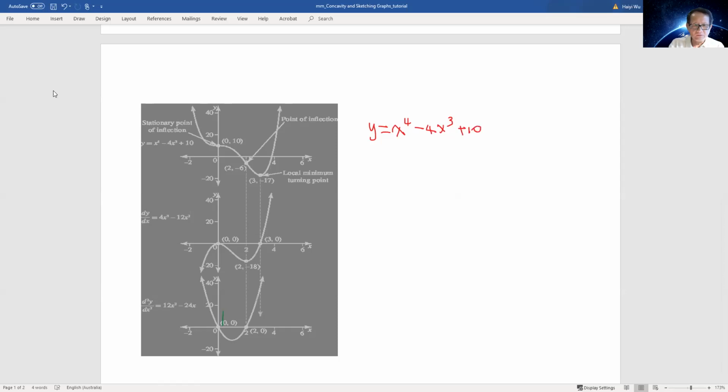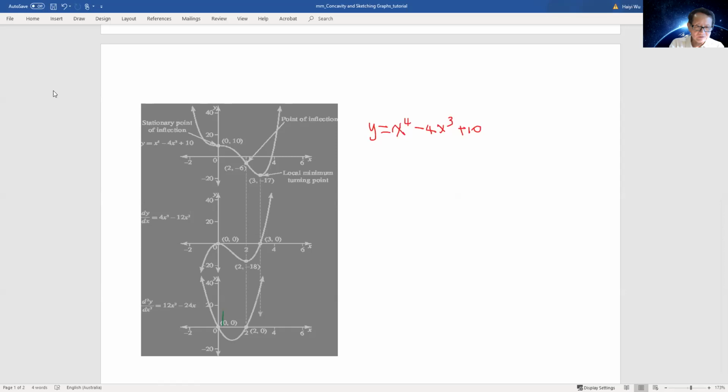So you can see this first graph, we call it a quartic function. So in this case, you have a point of inflection, stationary, but it's a stationary point of inflection. So it's a horizontal point of inflection.